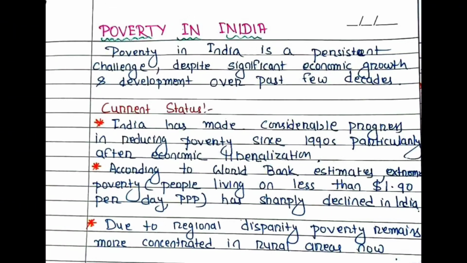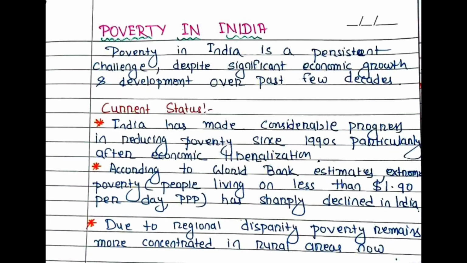We will first see the current status of poverty. India has made considerable progress in reducing poverty since the 1990s, particularly after the economic liberalization. Poverty reduced significantly after the economic liberalization, that is the privatization and the globalization of the Indian economy.